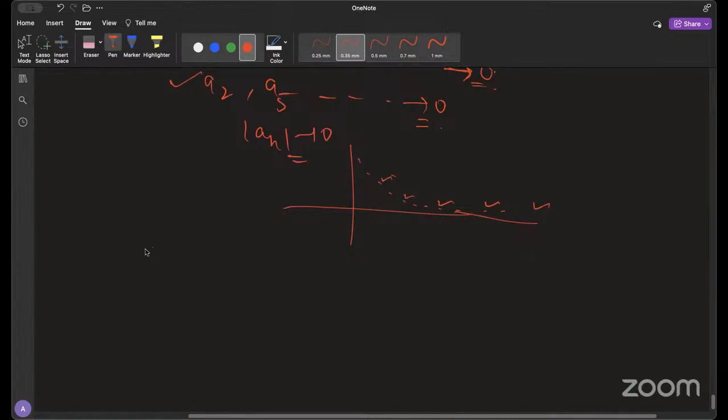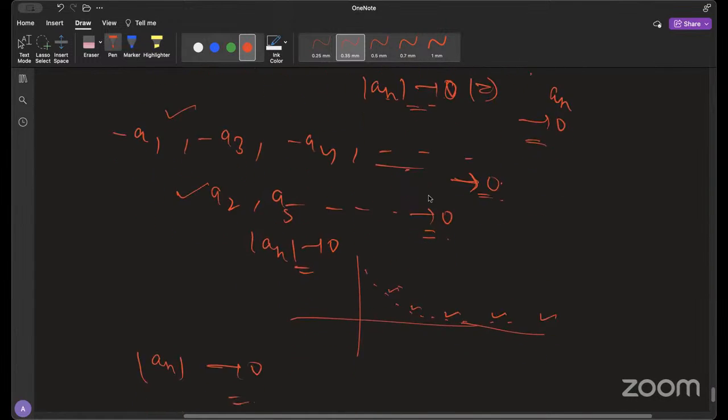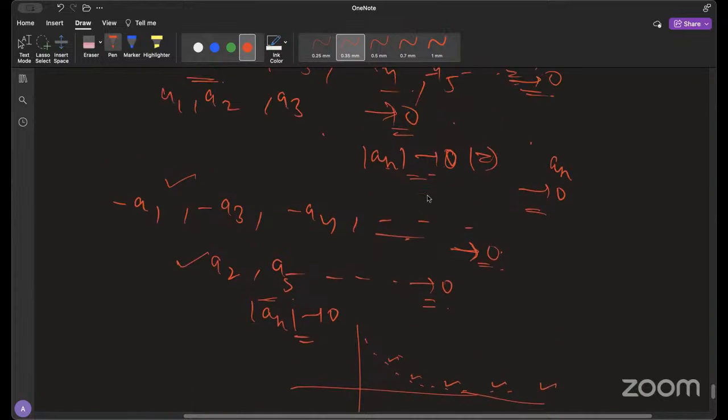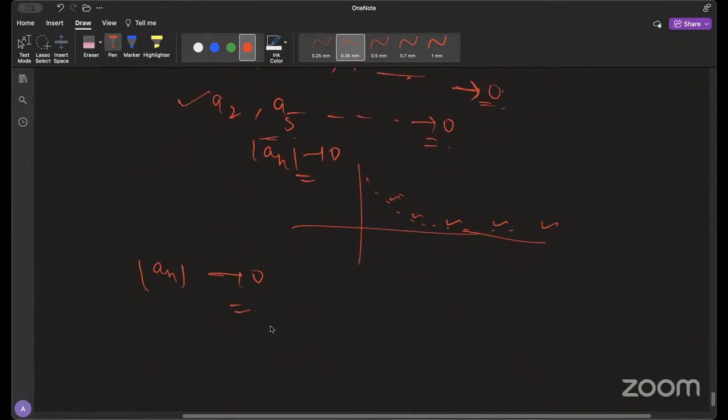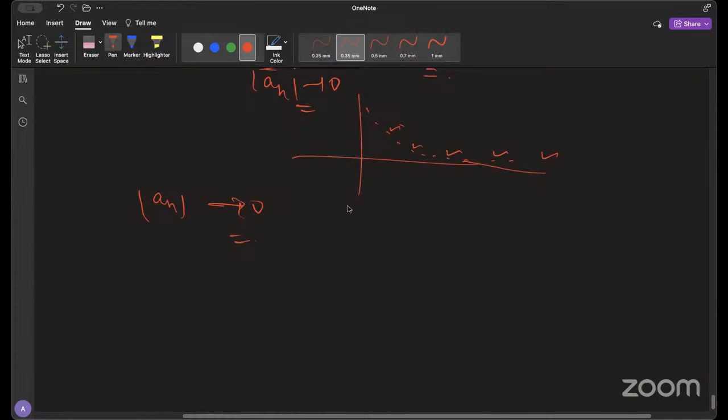See, if mod an is going to 0, then this is positive only. This thing is going to 0, right? So I didn't understand the last part. What did you say? We need to prove this thing, right? If mod an is going to 0, then an is going to 0. Correct. This is it.